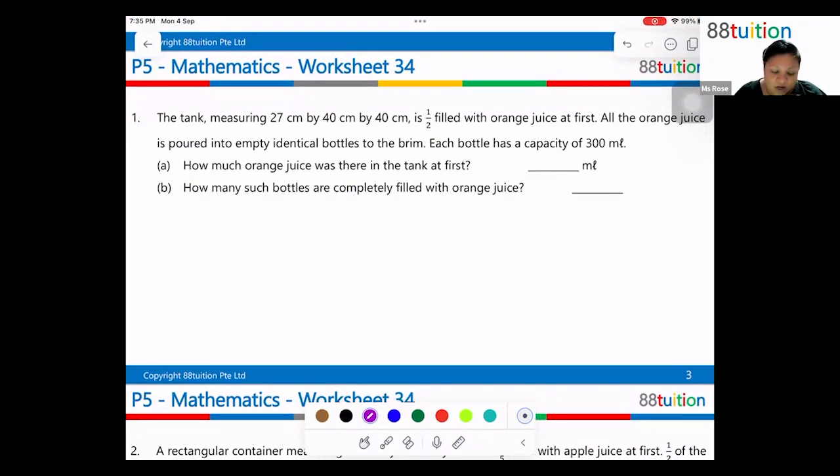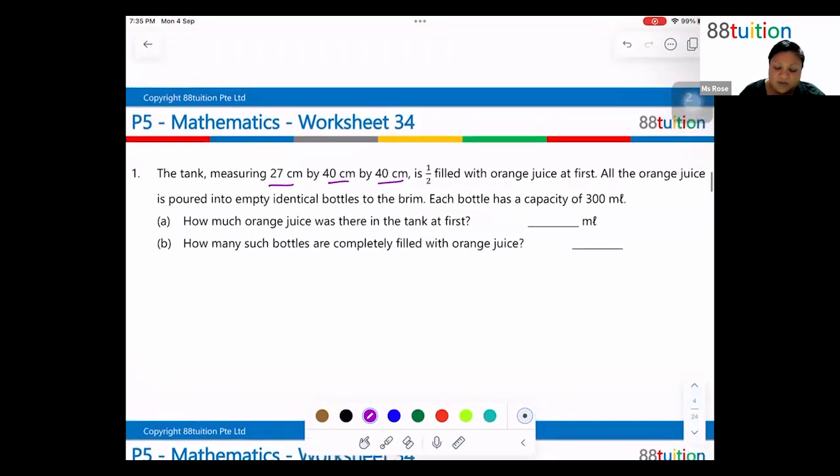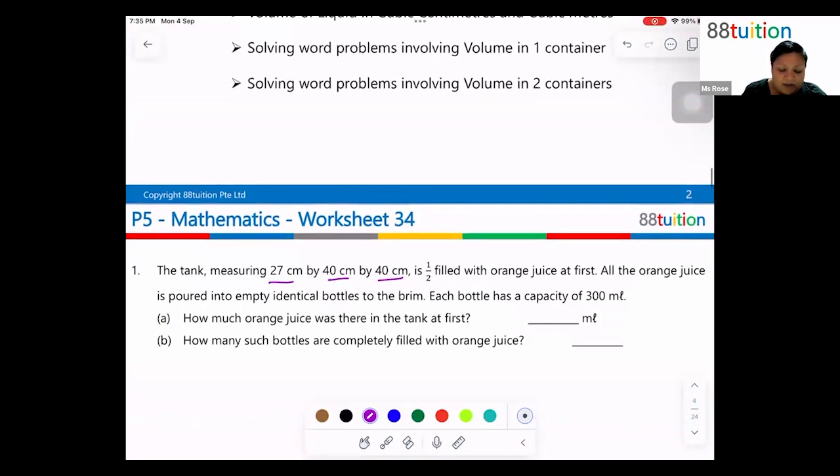Okay. All right, the tank measuring 27, 40, and 40 cm. Now, just a quick recap. When we find volume, when the question says cubical container, what do you understand by the word cubical?